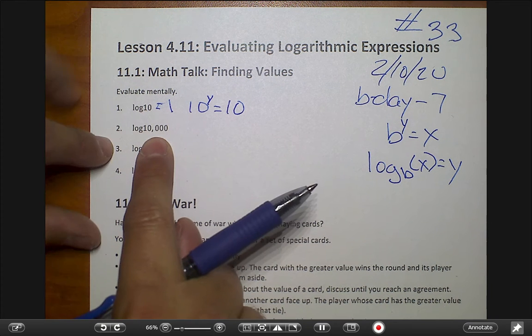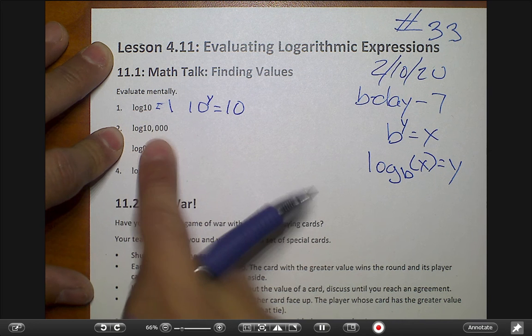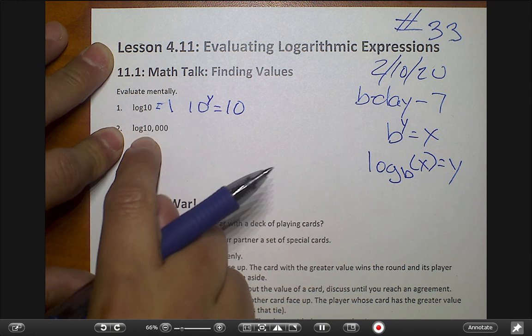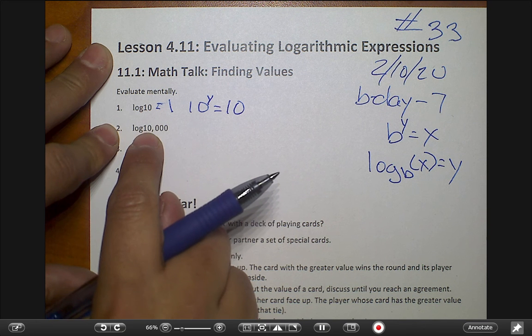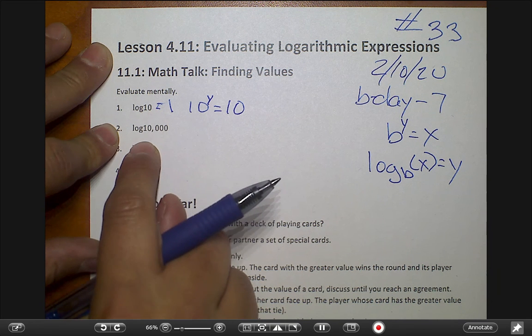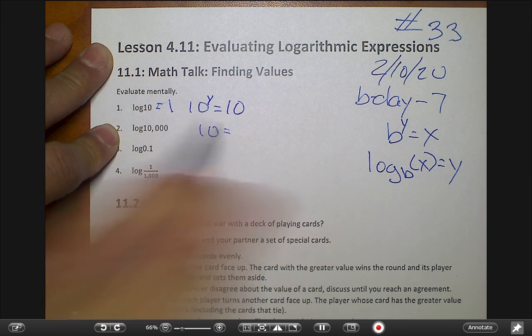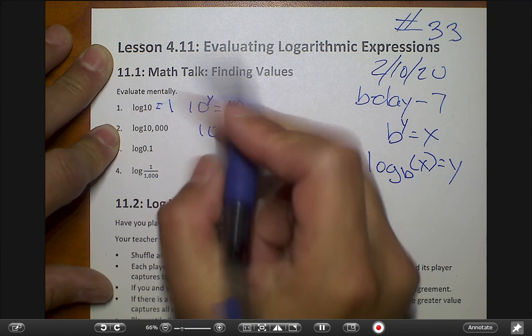Okay, so on number 2, I'm going to do the same thing. My base is 10. It doesn't say a base, so it's implied that it is 10. There is no b on here, so this is log base b, and my b, which you cannot see here, must be 10. Equals, what's my x value here? 10,000.